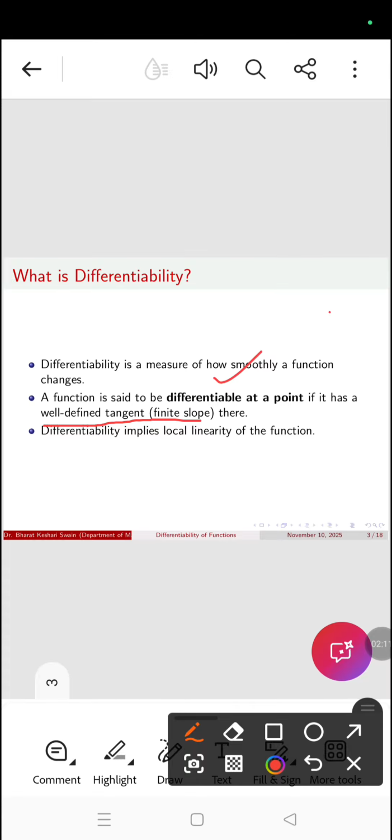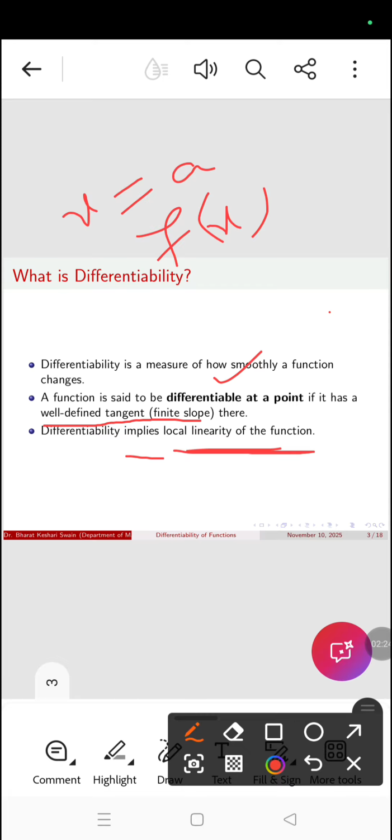Next, differentiability implies local linearity of the function. That means if at some point a your function is differentiable, then near x equal to a, your function is almost linear, almost a straight line.